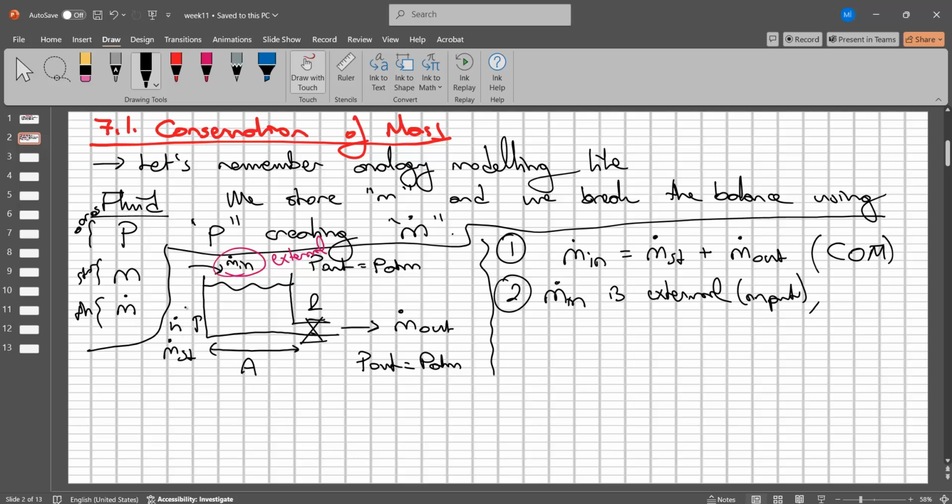As we know, we apply this system to the what? To the pressure, right? So how can we write the pressure of this tank? PST. How can we model it? PST can be written as what? No, not mg.